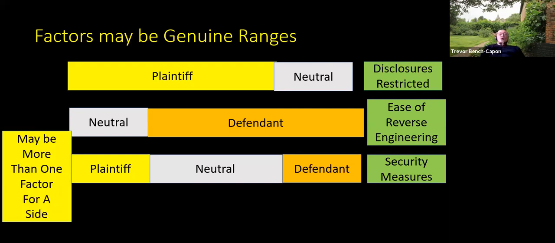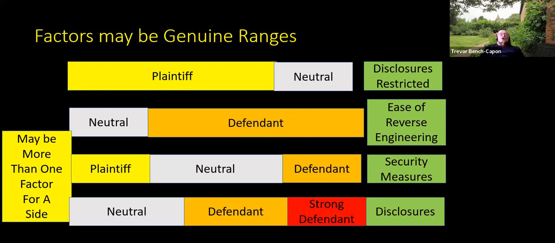However, there may be more than one factor to decide on a particular dimension. Thus, disclosures to outsiders is neutral, then favours the defendant, and then if there have been enough disclosures, we get a stronger factor, more strongly favouring the defendant.